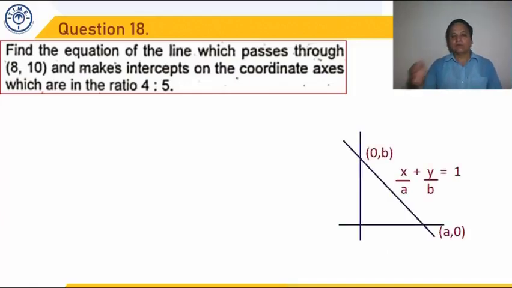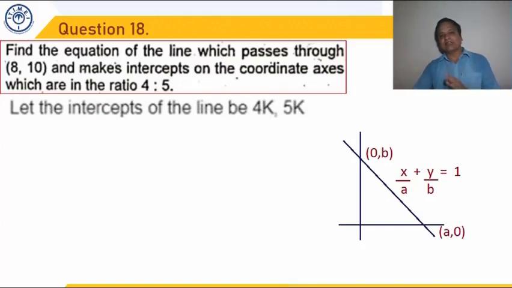So we take the intercept form. We say this line is passing through (8, 10) and on the coordinate axis the lengths of its intercepts are in the ratio 4:5. So intercept form says equation is of the form x upon x-intercept, that is a, plus y upon y-intercept, that is b, is equal to 1.